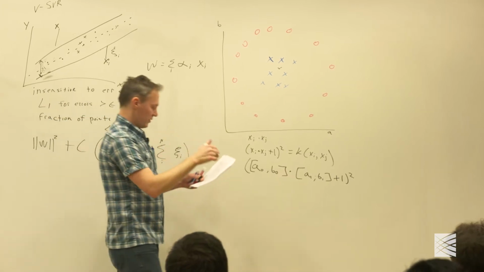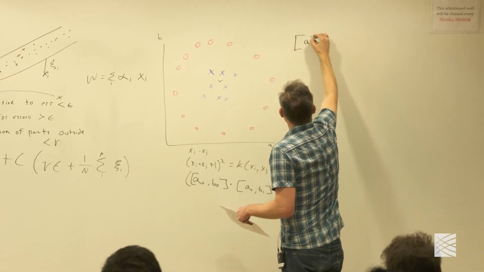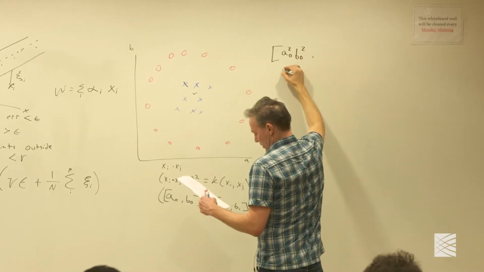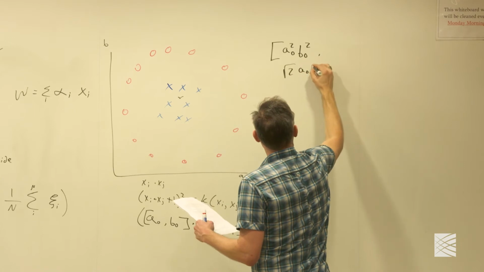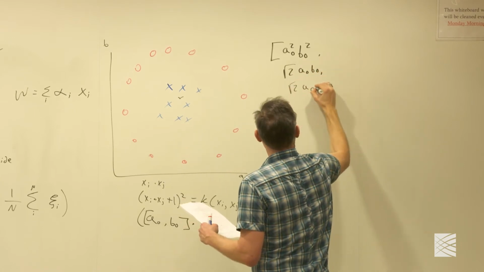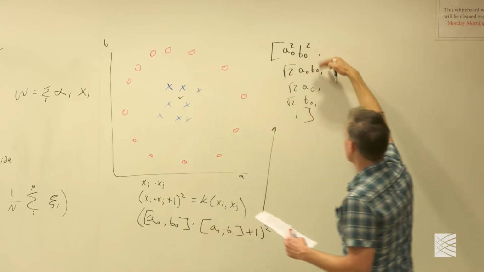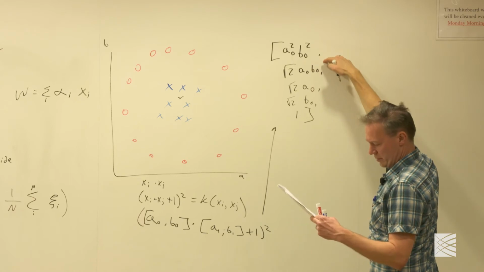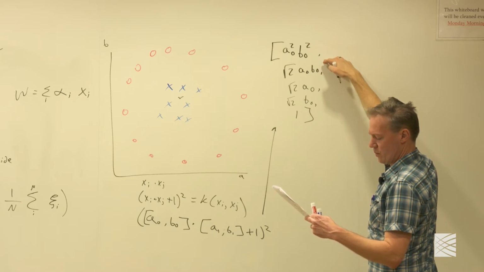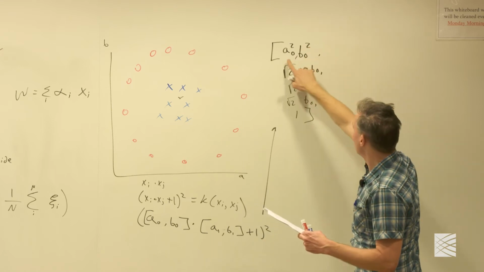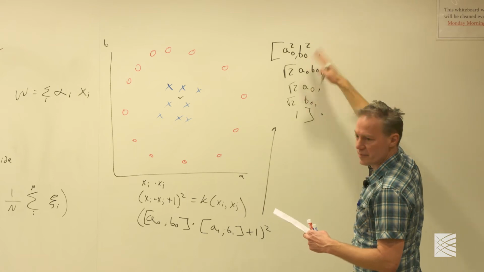We can go through all the steps here, but in the interest of time, I'll just write out that this is the same as this vector, where I've got some quadratic terms and some linear terms and the one, dotted with the same thing, but now with ones.